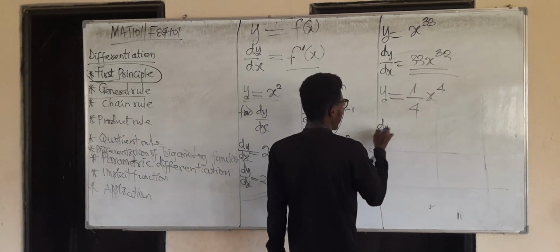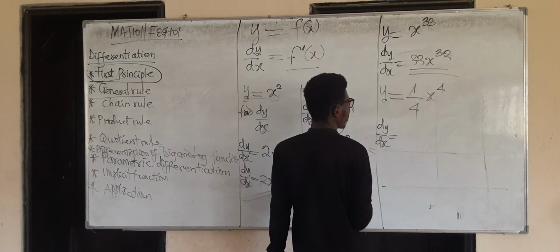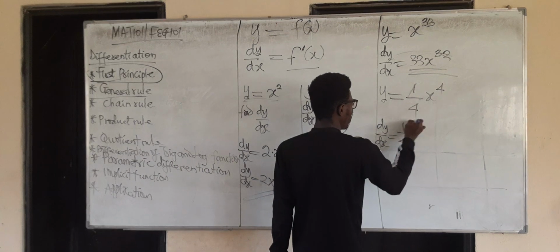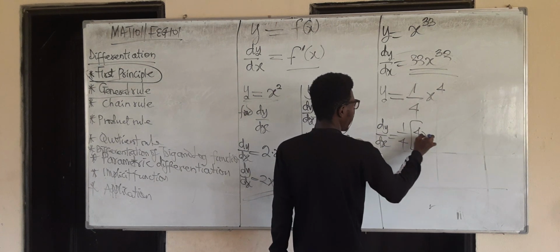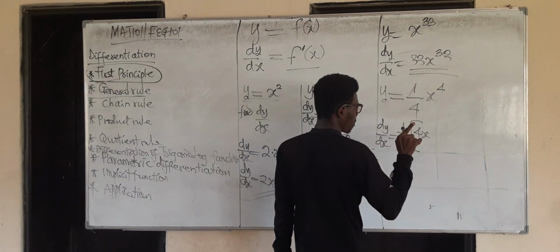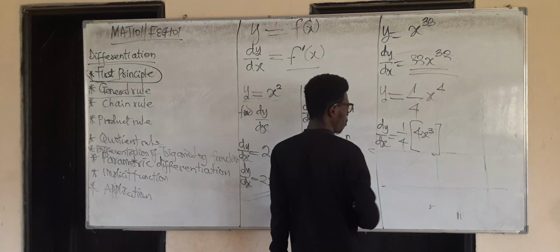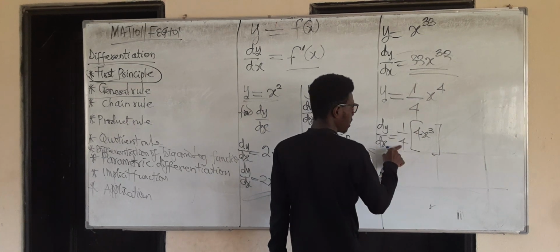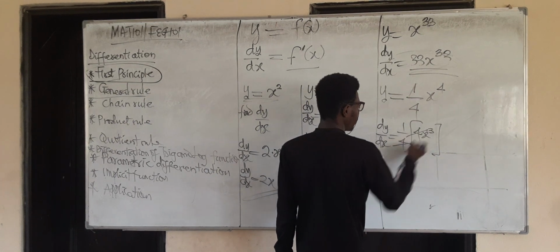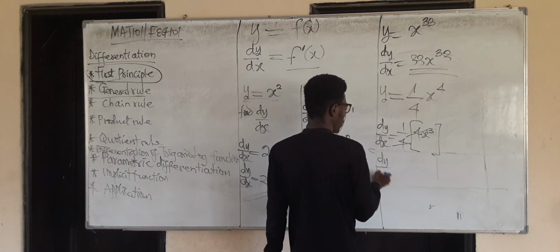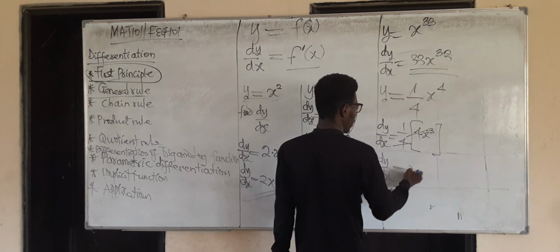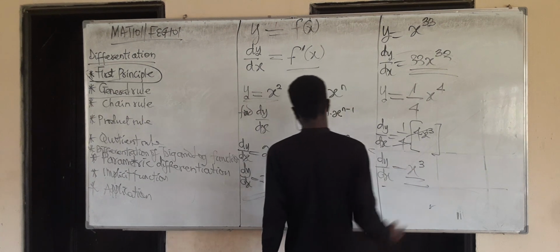You are going to have dy/dx equal to 1 over 4 bracket 4x raised to power 4 minus 1, which is 3, raised to power 3. What happens now? 4 we cancel 4, isn't it? So this will take care of this. I now have dy/dx equal to x to the power of 3.